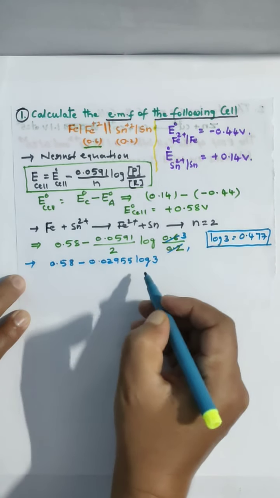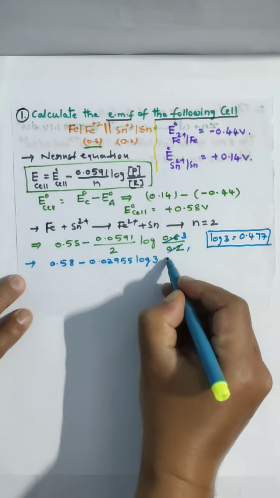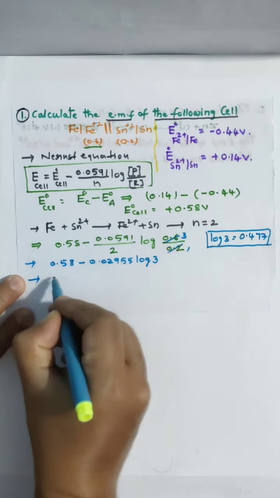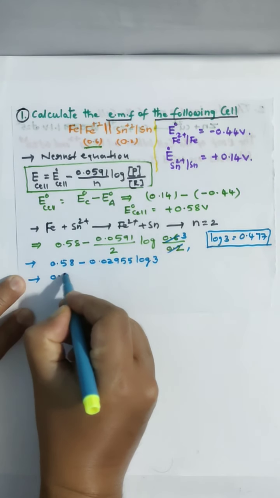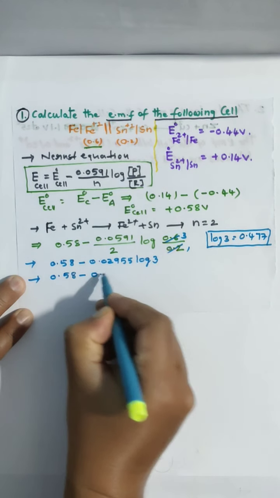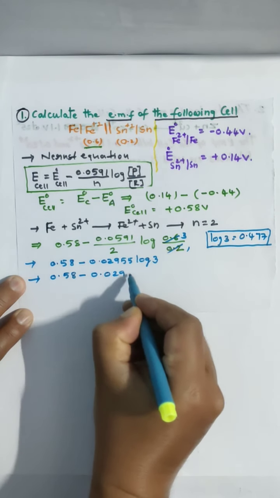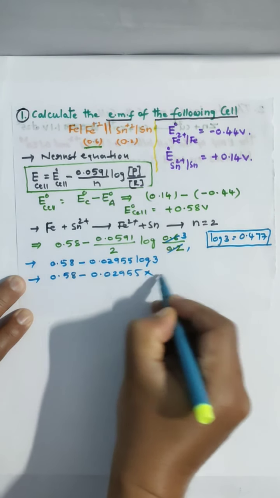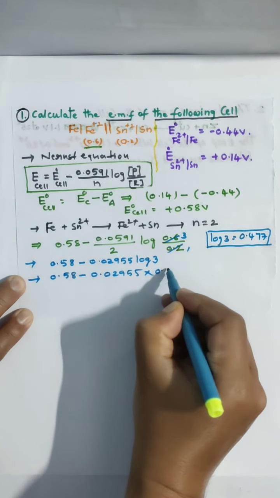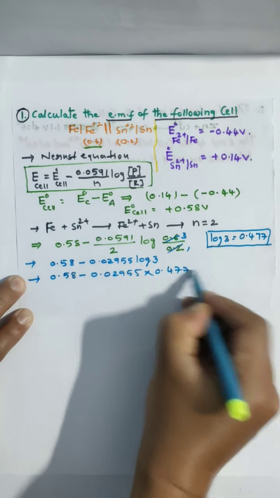Now substitute here. What are you getting? 0.58 minus 0.02955 into log 3, which is 0.477.